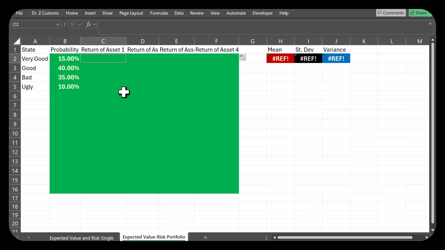First, I need to designate what each of these assets would get as a return in each of those states.